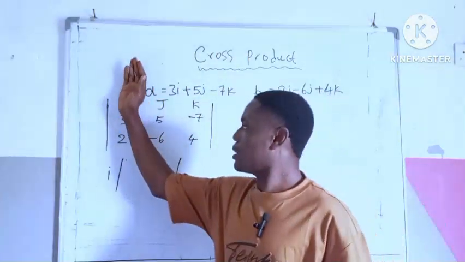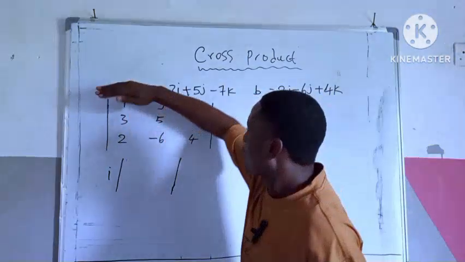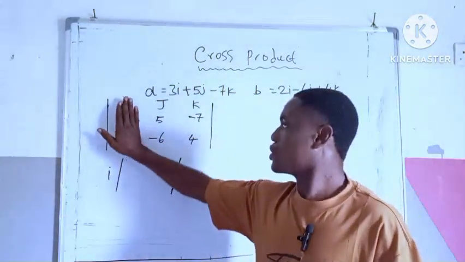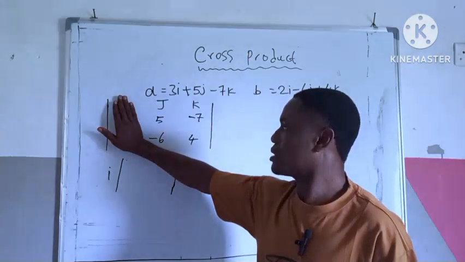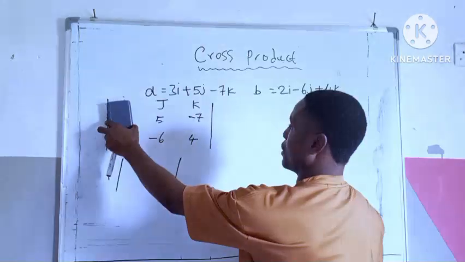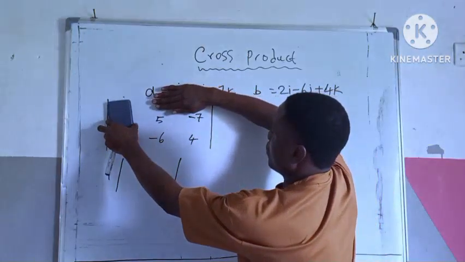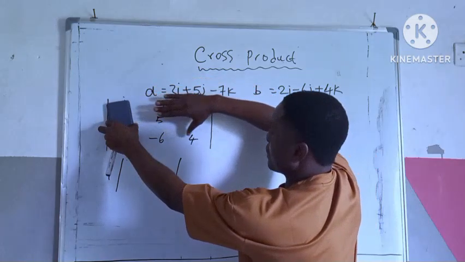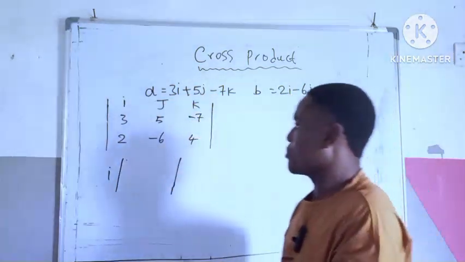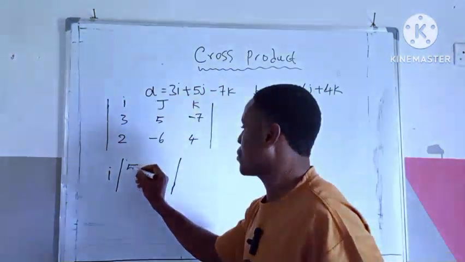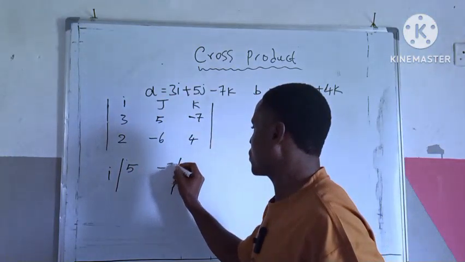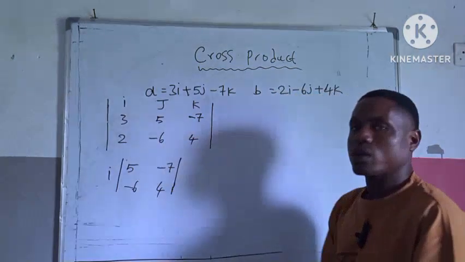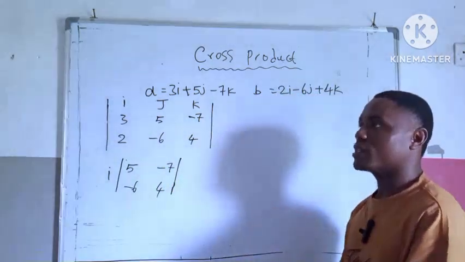So you block here, then you block here. What are the remaining numbers? That is 5, minus 7, and minus 6 and 4. Let's write them. 5, minus 7, minus 6 and 4. It's simple, abi?